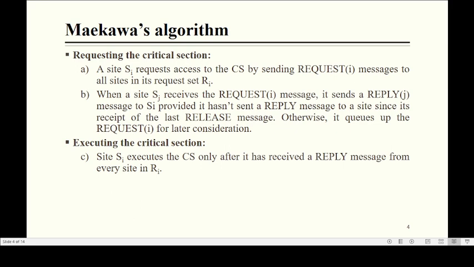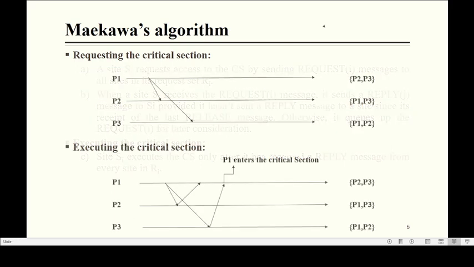The second step is executing the critical section. The site Si executes the critical section only after it has received a reply message from every site in Ri. This is the example. Here three processes are there, P1, P2, P3, and these three arrow marks are representing the progress of the three processes P1, P2 and P3.